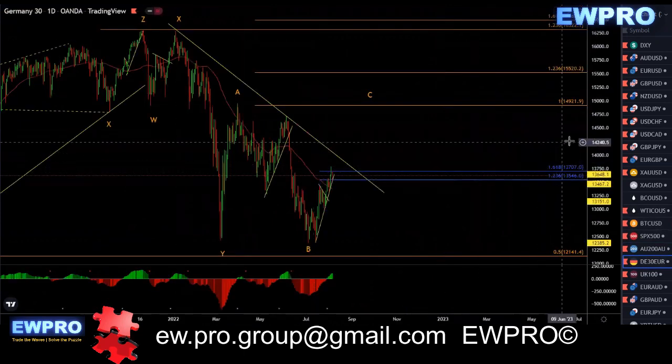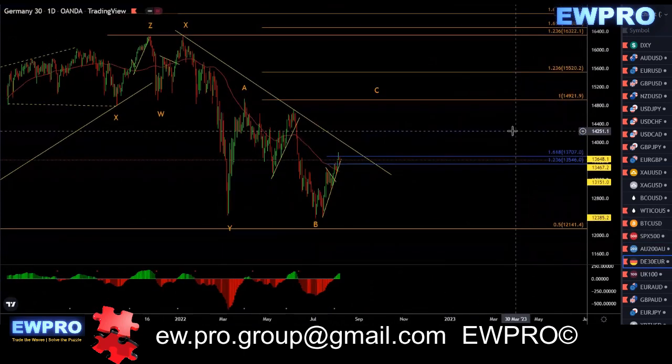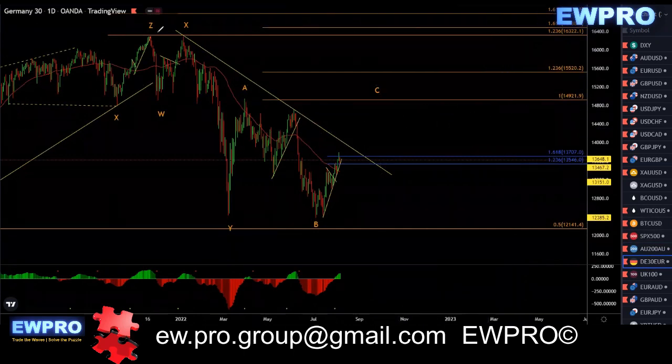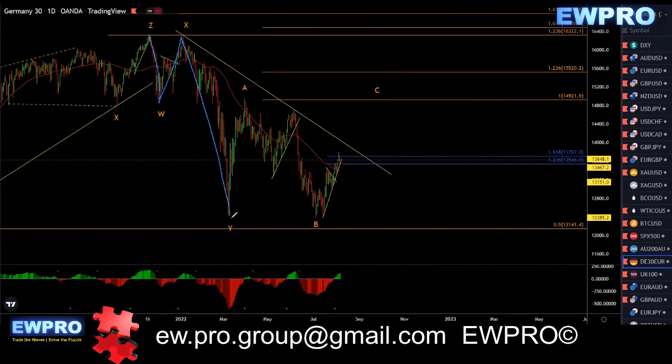The DAX. So we're looking at a W, very deep X, Y, and then we're looking at an A, B, C in the B wave, and then we get that A, B, C up to this 100 fib.